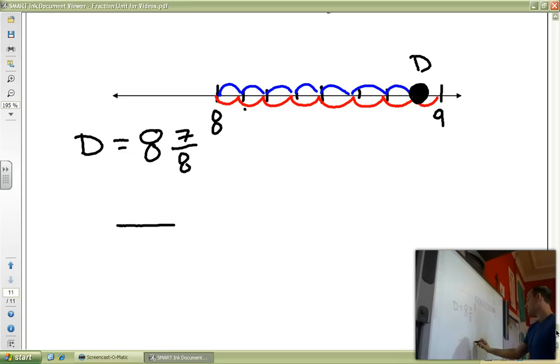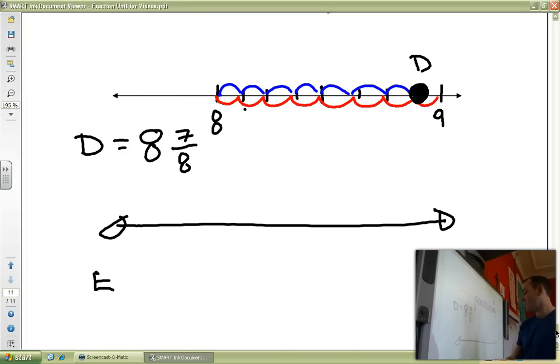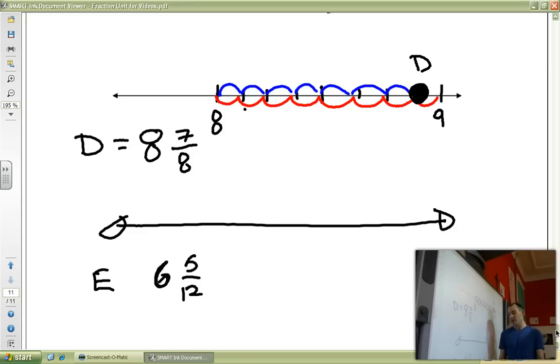8 was a really easy one to work, so we're going to work with the point E now, and I'm just going to say that point E is 6 and 5/12. Now 5/12 is going to be a lot more difficult. Okay, you can use some of the skills you found earlier.